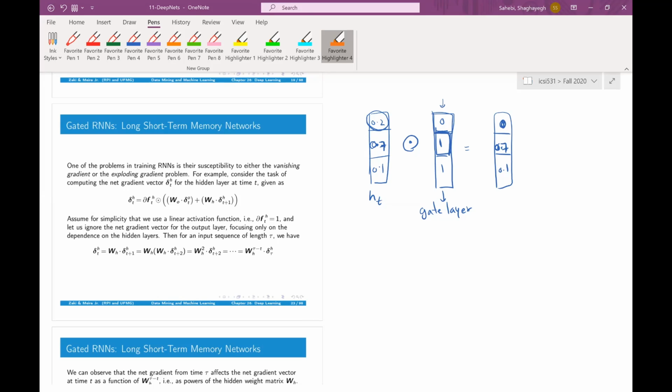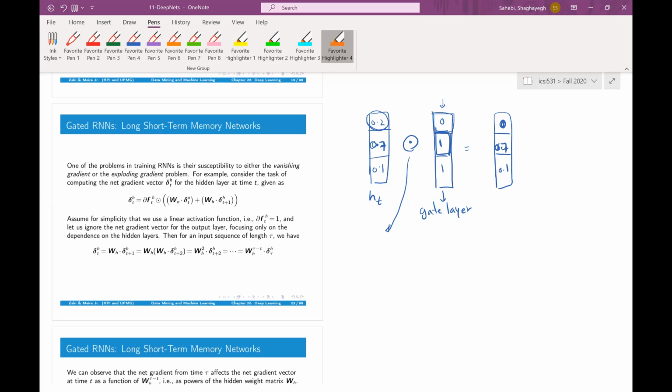So this is an element-wise product, basically a kind of multiplicative layer that we have, and as a result, the resulting LSTM is not going to be a fully connected network anymore, and we are going to see that architecture very soon.